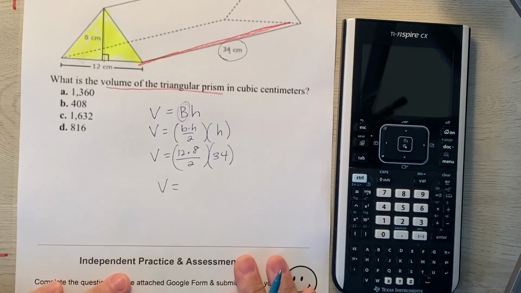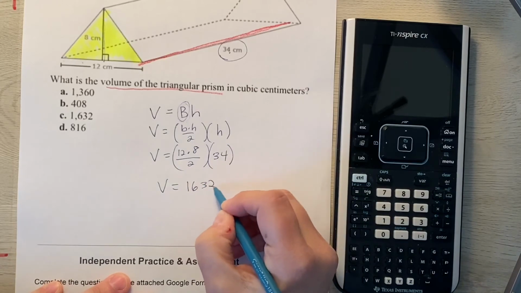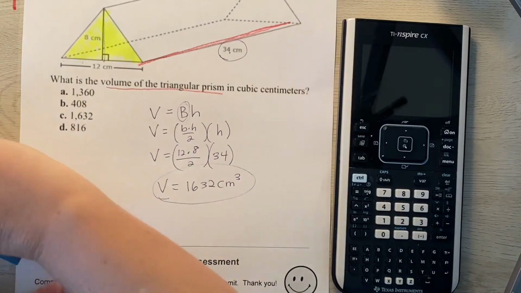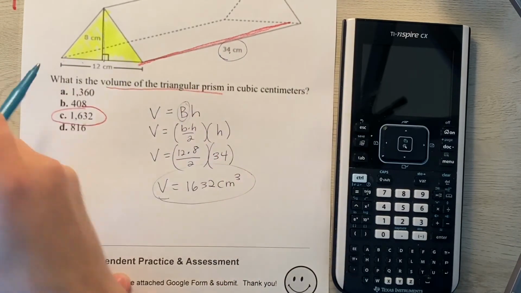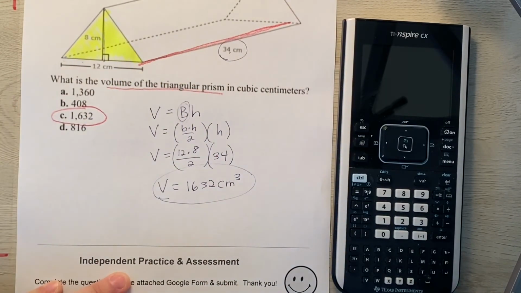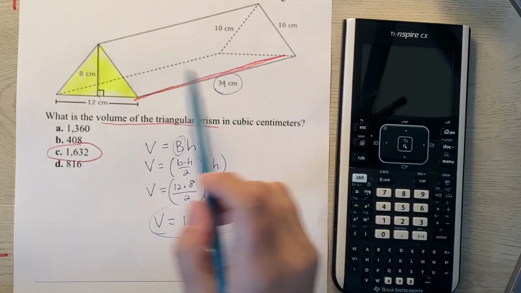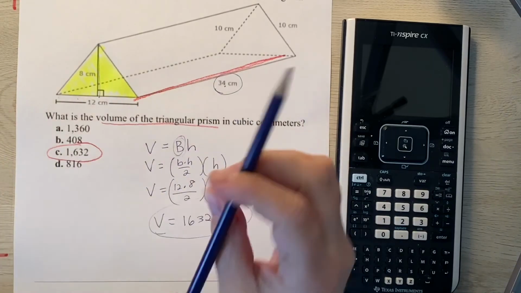Okay, throw that in NSOLVE, comma V, and you should get 1632, and it's centimeters cubed, which is choice C.